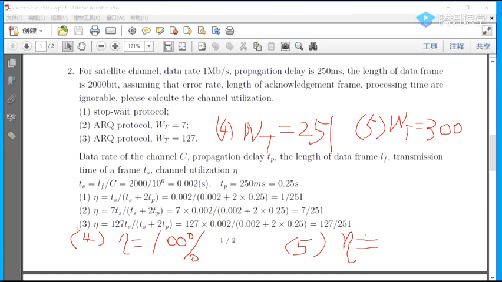Eta should be less than or equal to 1. Eta is not larger than 1. So eta here is 1. Why?